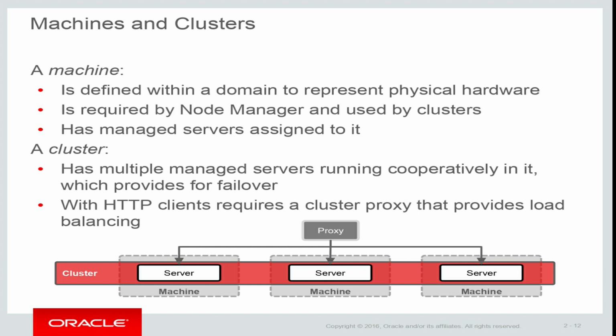To have a grouping, we use the terminology of machine. So we create a machine in WebLogic, and then we have components in that machine, like two managed servers or one node manager.